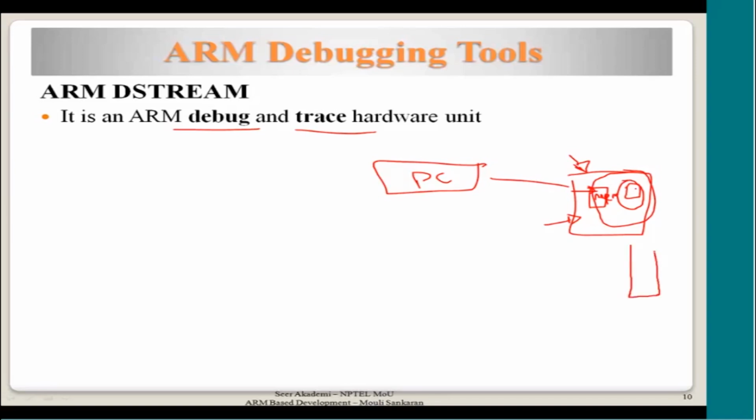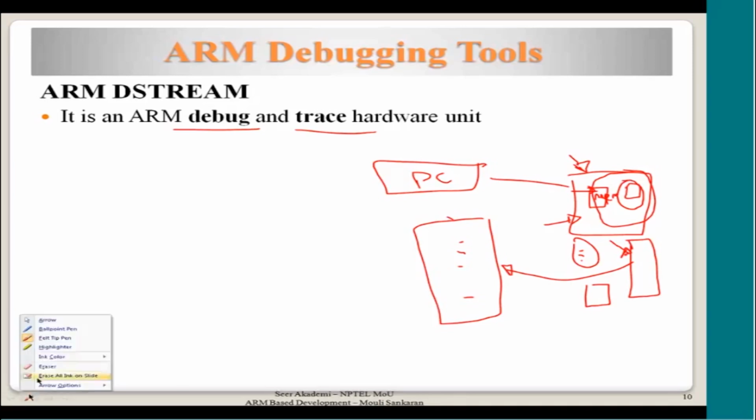So the trace module keeps the behavior of the values of registers or memory, stack, what all the things change, those things are captured there, which can be downloaded, and then a detailed analysis can be done on that output to verify or identify the problem. It could be a memory corruption problem, or a software bug, or a pointer may be corrupted. All that can be debugged using trace hardware.